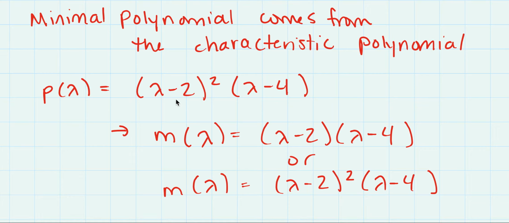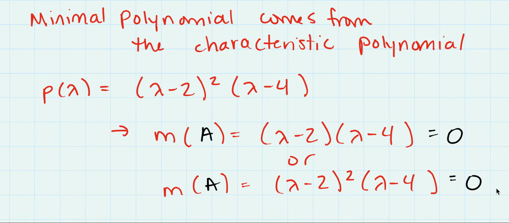So we have to keep all of these eigenvalues in our minimum polynomial, but we can have different powers. So we want to find the smallest power on these factors here, such that when I plug in my matrix A, I get 0.